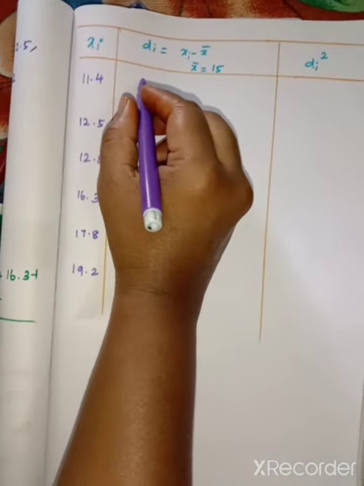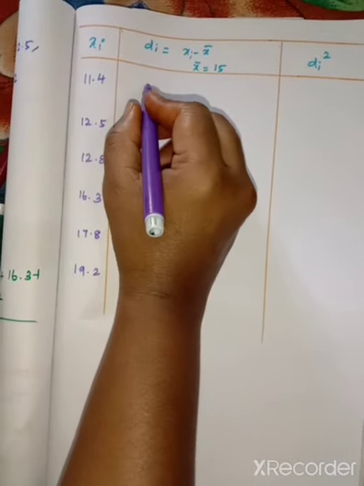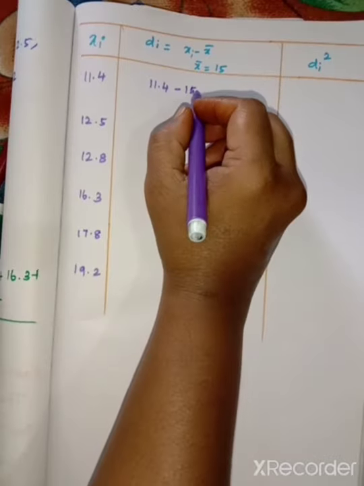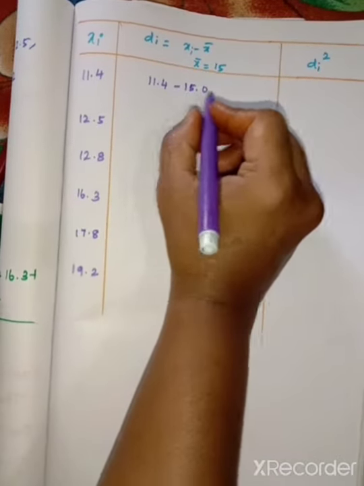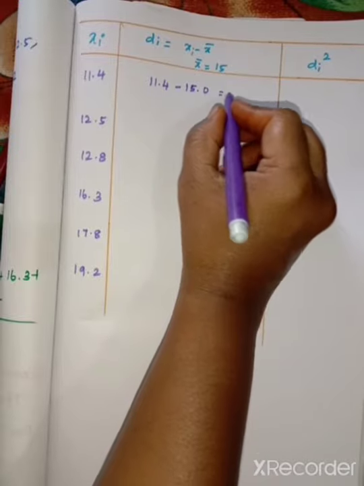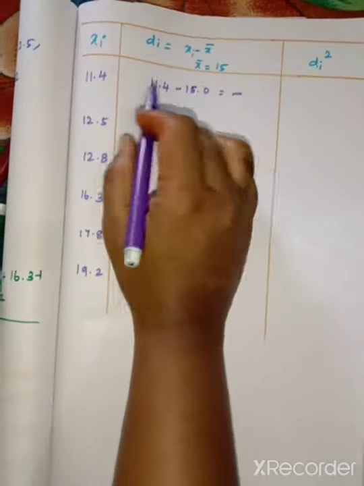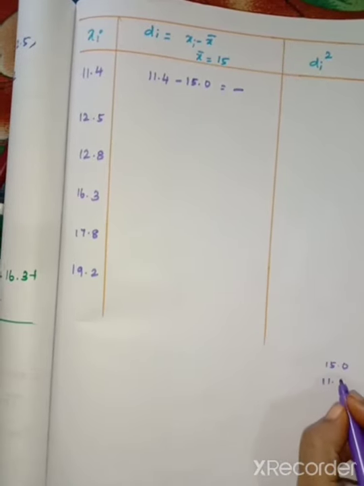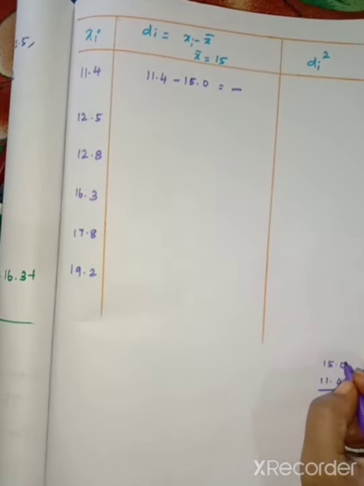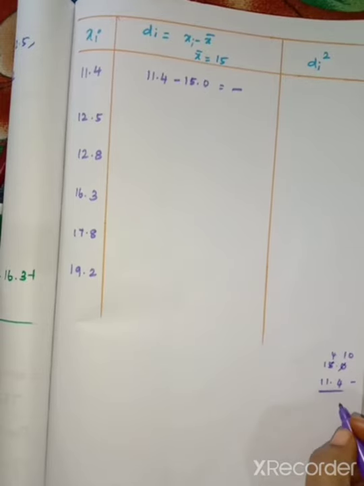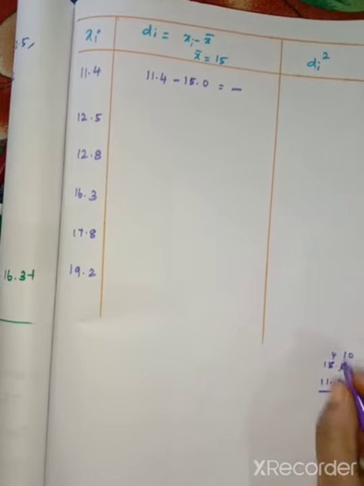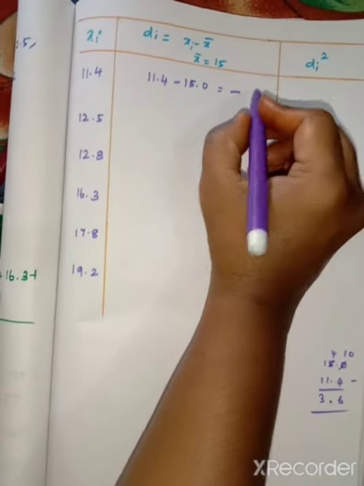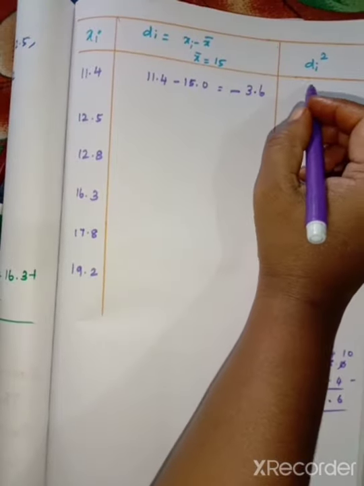The first value is 11.4 minus 15, that means 15.0. If you subtract, since the greater one is 15, the minus sign will be kept. 15.0 minus 11.4: borrowing 10, we have 4, 10 minus 4, 6, point, 4 minus 1, 3, 1 minus 1, 0. So minus 3.6.